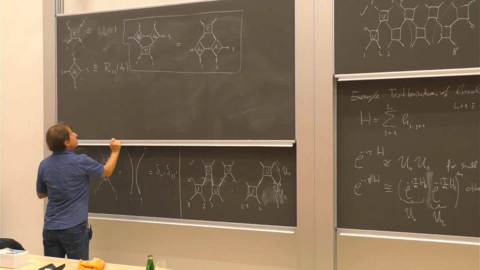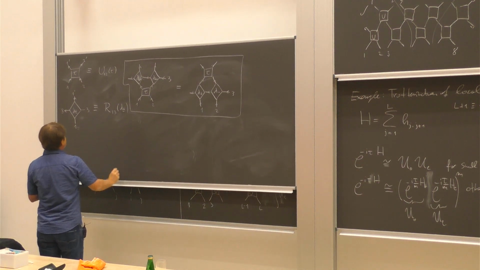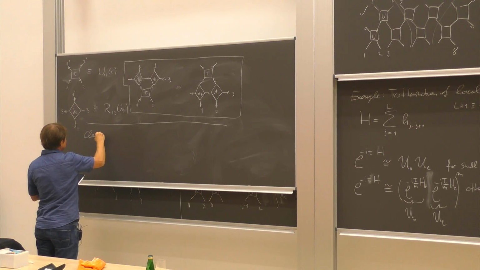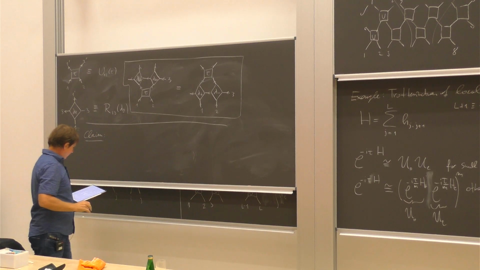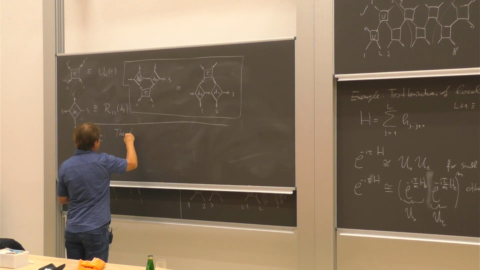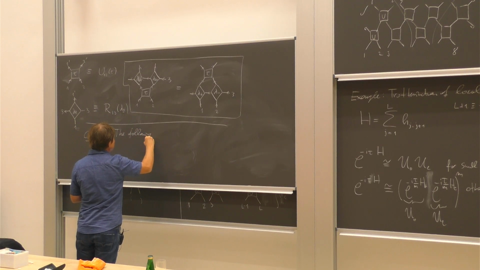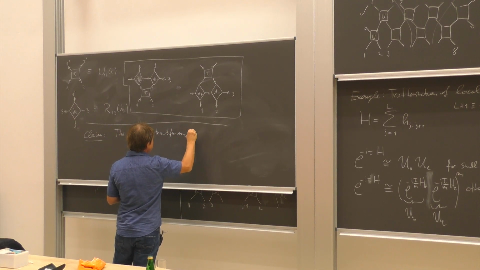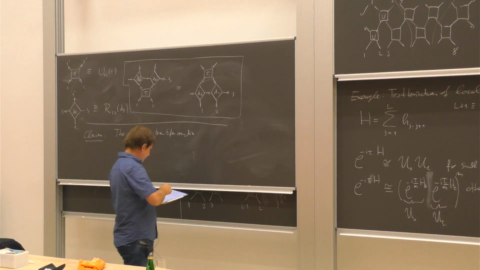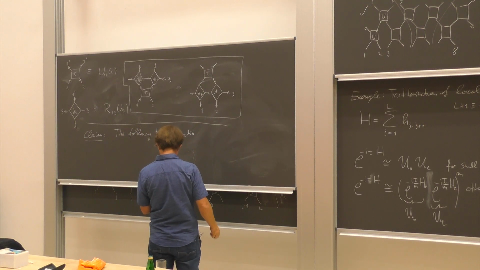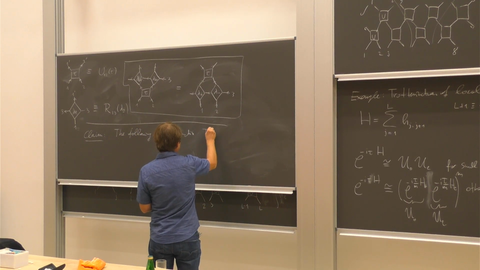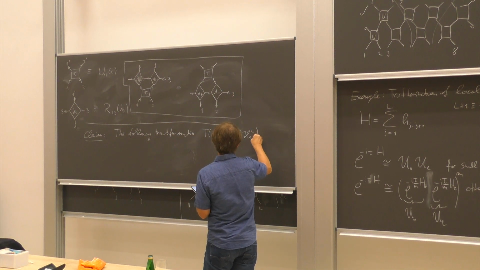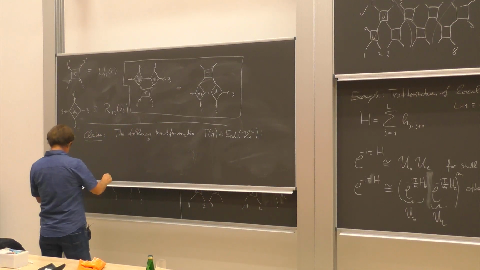Maybe I can just write a claim here. The following transfer matrix, it would be better to call it a transfer operator, but nevertheless it's a transfer matrix according to most of the literature, T of lambda, which has the following form.